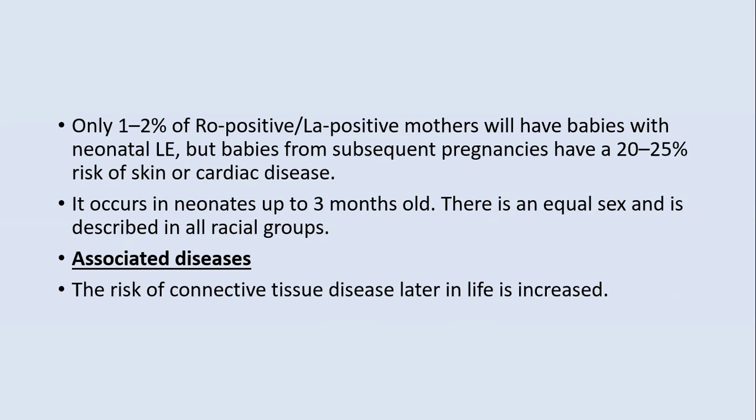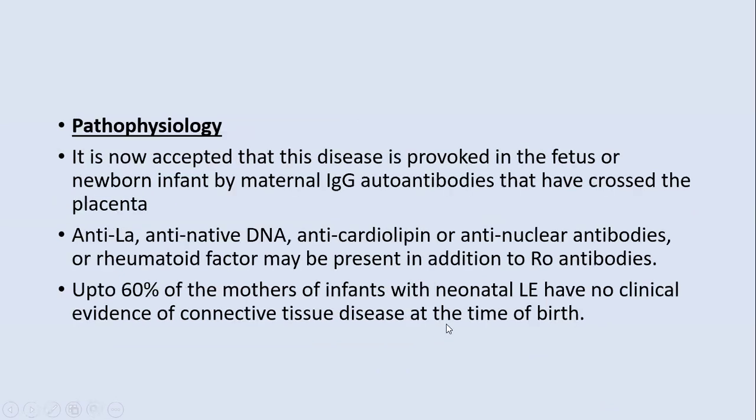But after the birth of a baby with neonatal LE, there is a 20 to 25% increased chance of having the disease in subsequent pregnancies. Associated disease: I have already mentioned the risk of connective tissue diseases later in life is increased in these babies.